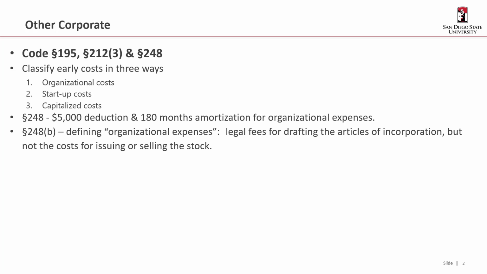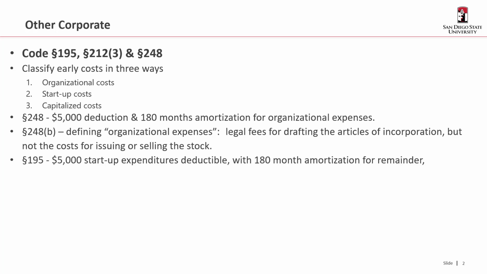It says these are legal fees for the drafting of the articles of incorporation, but definitely not the cost for issuing or selling stock. So this is important in the IPO environment, where you incur quite a bit of costs associated with issuing and selling that stock, but unfortunately you are unable to classify that as an organizational cost. That's going to fall into that third category of capitalized costs.